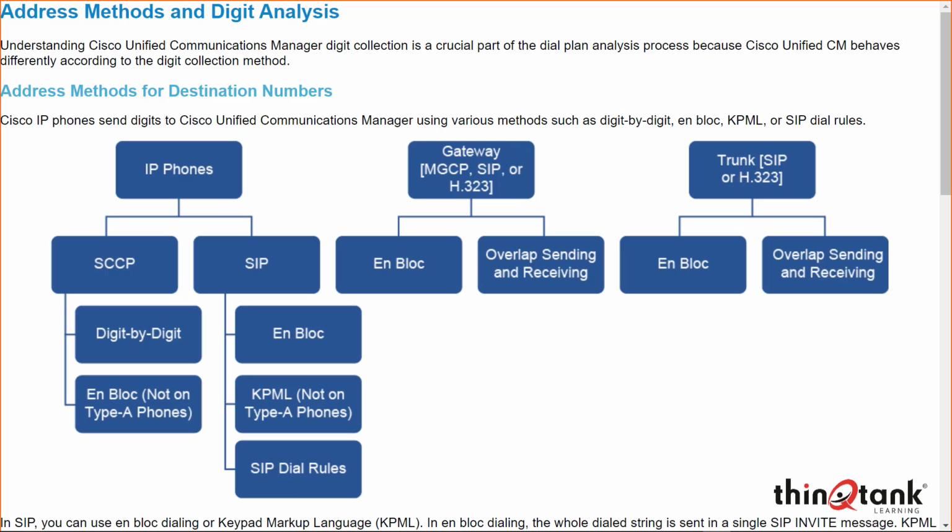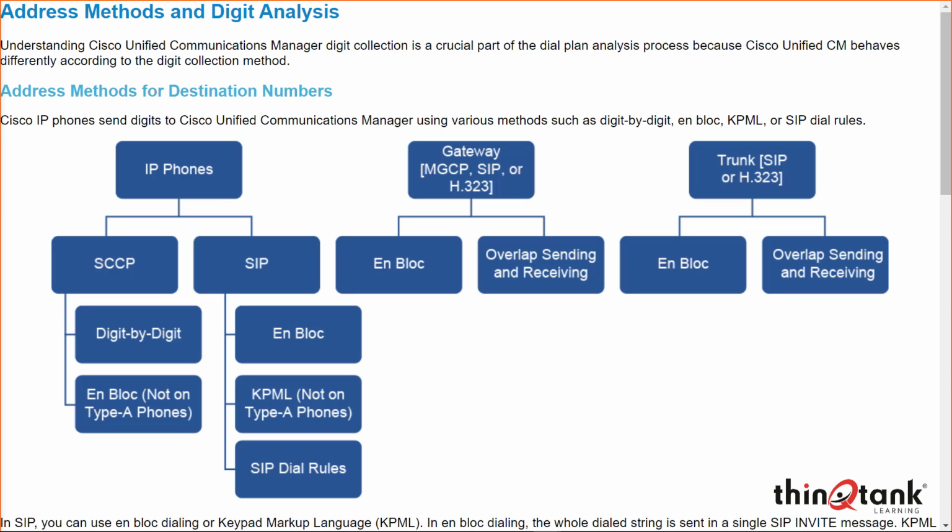So we can see here in this graph a representation of how digits are collected. In SIP, for example, we can use N block dialing. N block is a really simple concept. We're going to wait until all the digits have been entered, and then we're going to make a decision on how to route the call based on that.